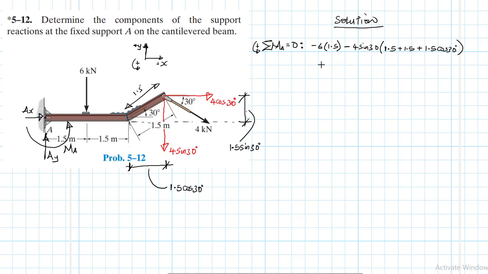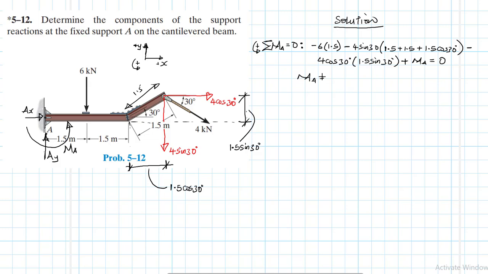Again, minus this other moment due to the horizontal force, minus 4 cos 30 times 1.5 sine 30, plus this moment itself, MA, is equal to 0.